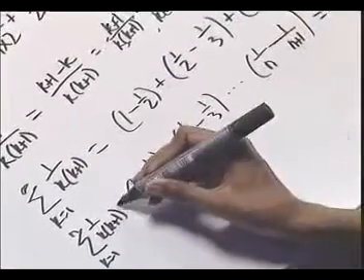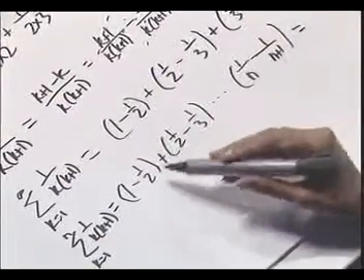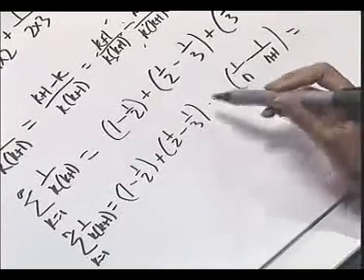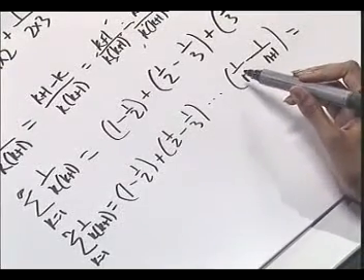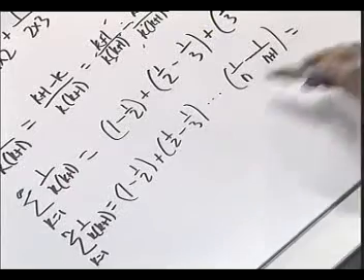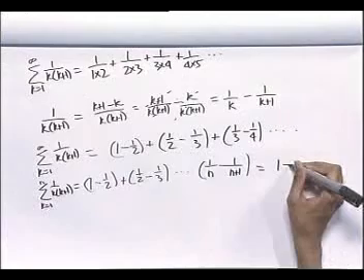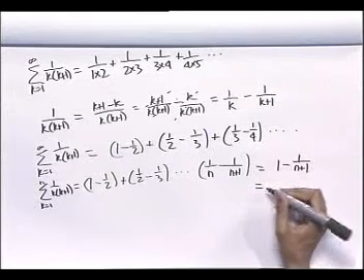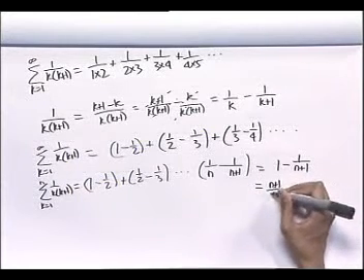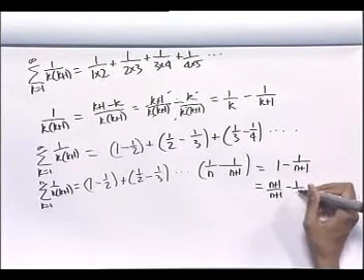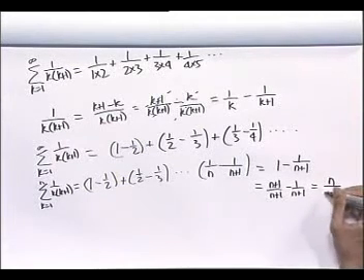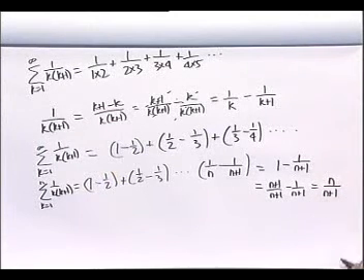Now, you can see that here a lot of things are cancelling. You get minus a half, plus a half, minus a third, then you would get plus a third, and so on. So overall you are left with 1 minus 1 over n plus 1, which is equal to n plus 1 over n plus 1 minus 1 over n plus 1, which is just n over n plus 1.